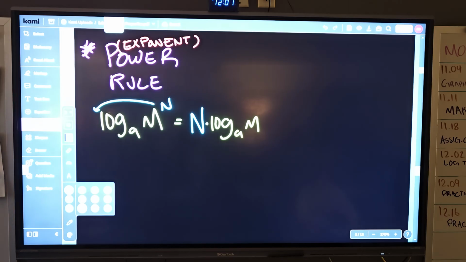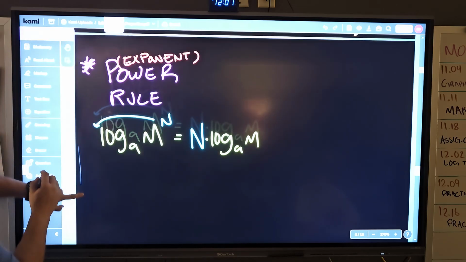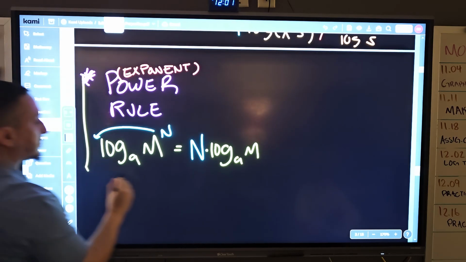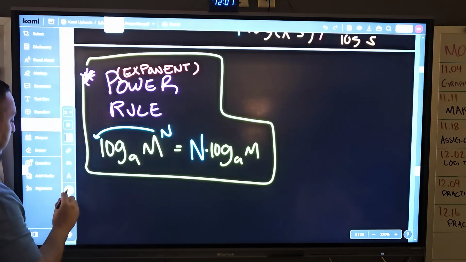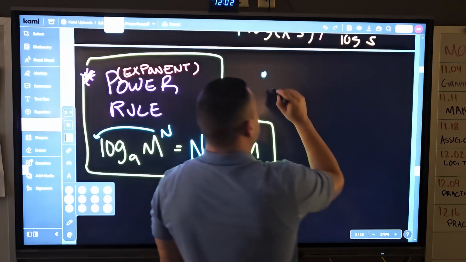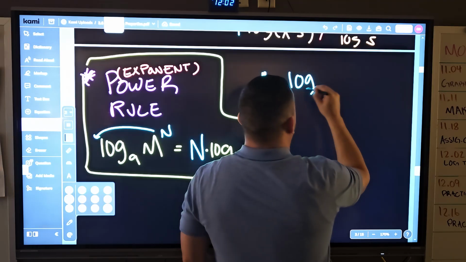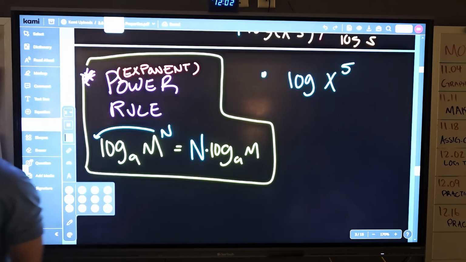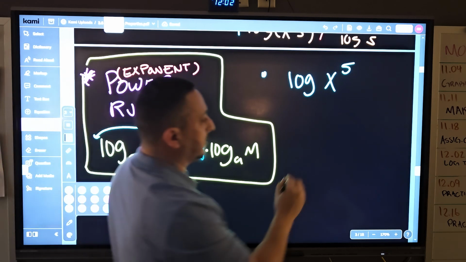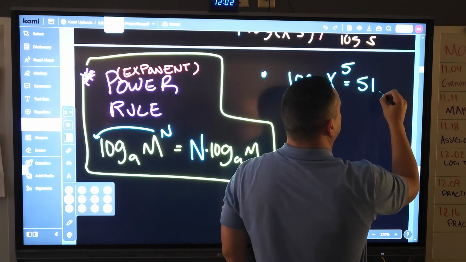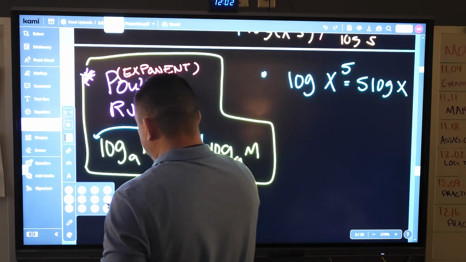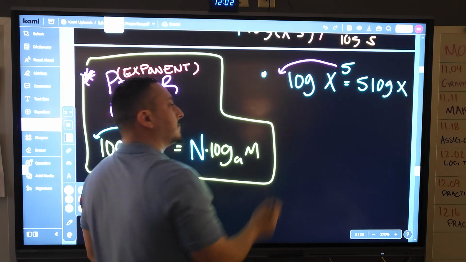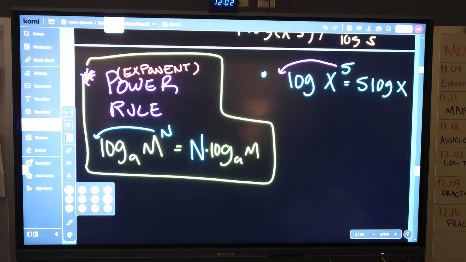So I don't have a true false on this one. I don't know how you could mess that one up, but I can show you examples. Let's box this in. An example of this would be log of x to the 5. That's the same as if you bring the 5 down, so 5 log x. It becomes something that you multiply.